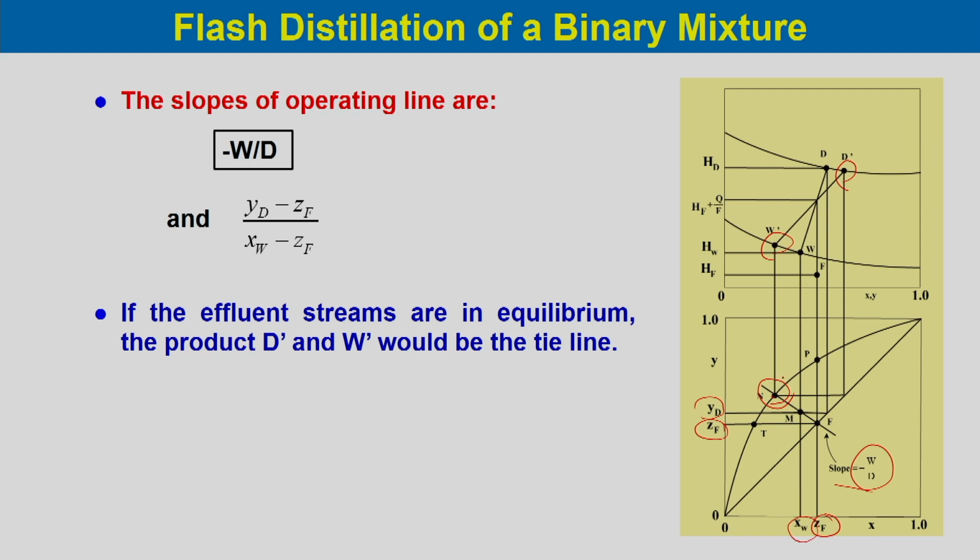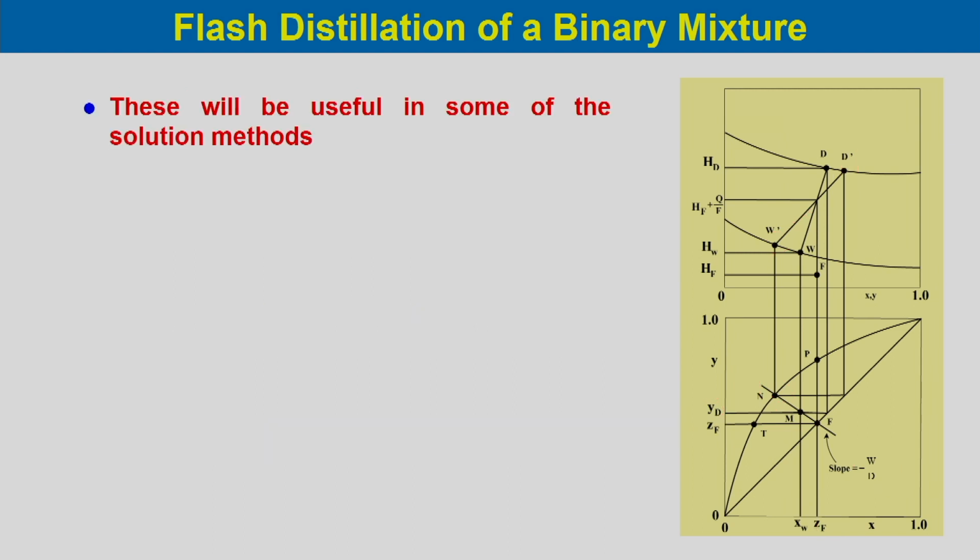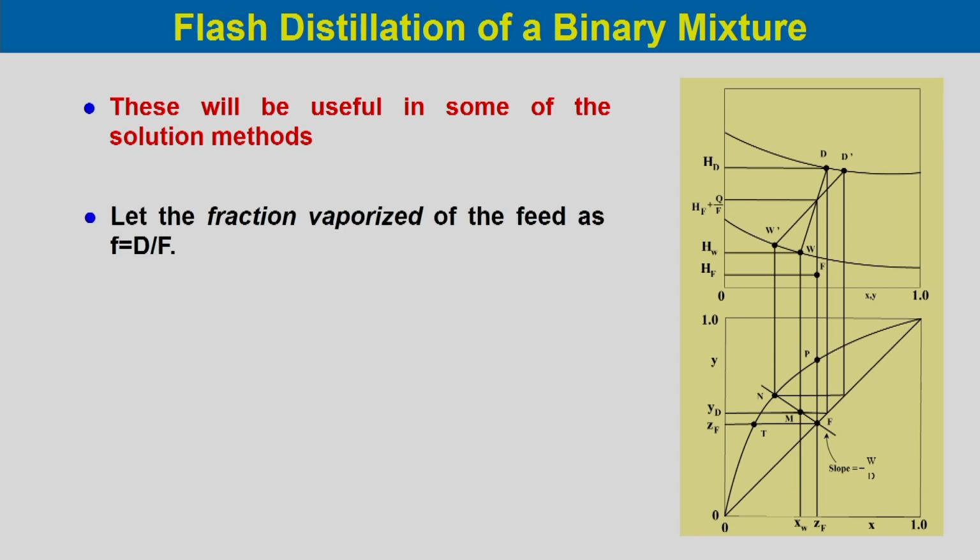So, if the products are in equilibrium, you will obtain D dash and W dash. This represents the tie line. Now we will consider a different arrangement of the steady state model. These will be useful in some of the solution methods.